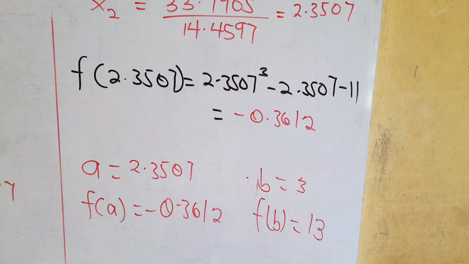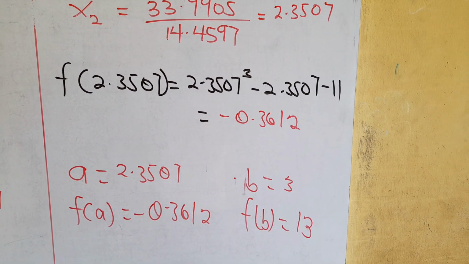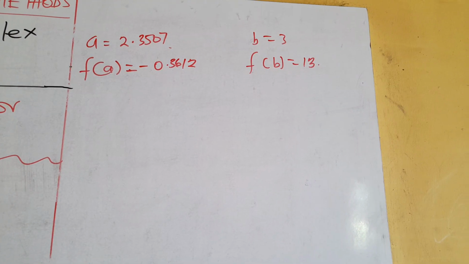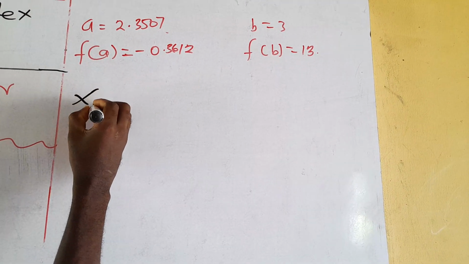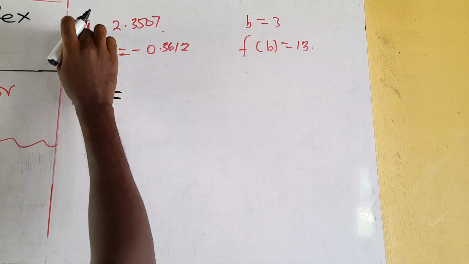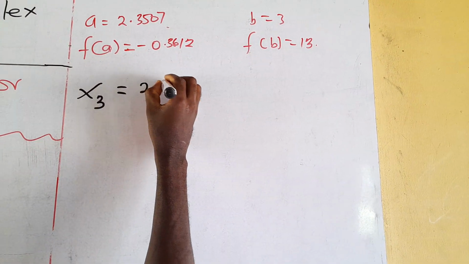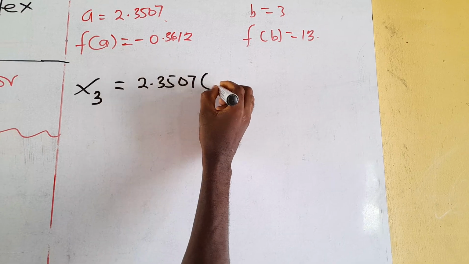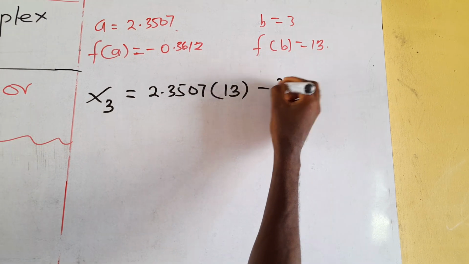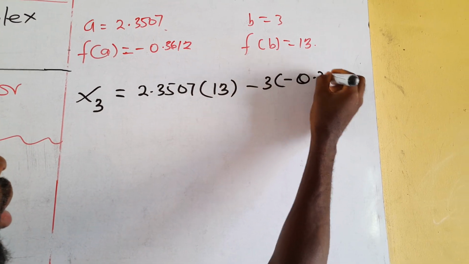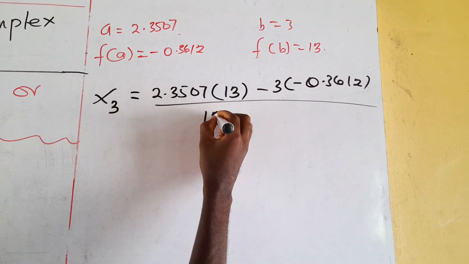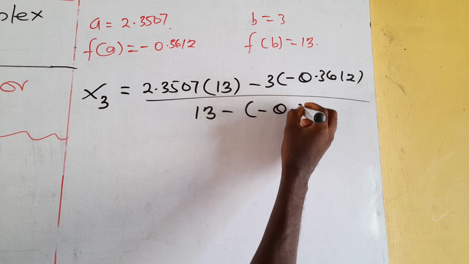So now we substitute this again to get our third and final approximation according to the question. So our third approximation x3 will be equal to, remember we are substituting into the formula again, a times f of b, so a is 2.3507, f of b is 30, minus b times f of a, so 3 times negative 0.3612, over f of b minus f of a, so that will be 30 minus negative 0.3612.